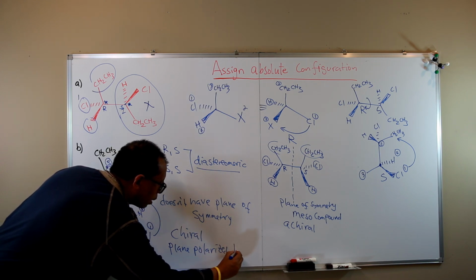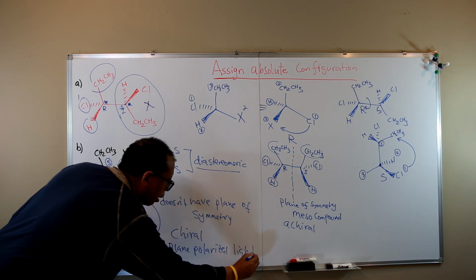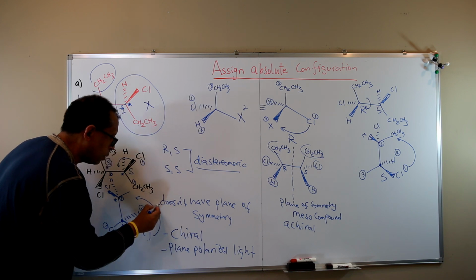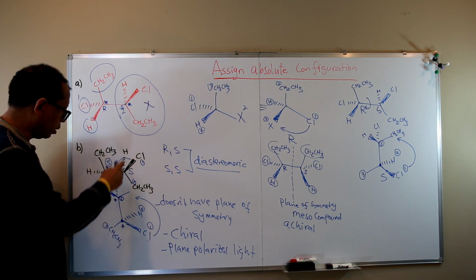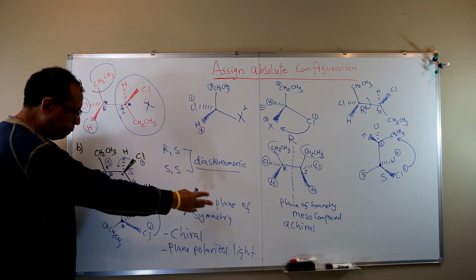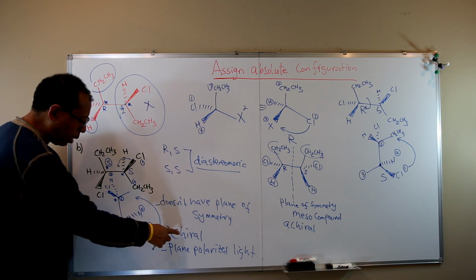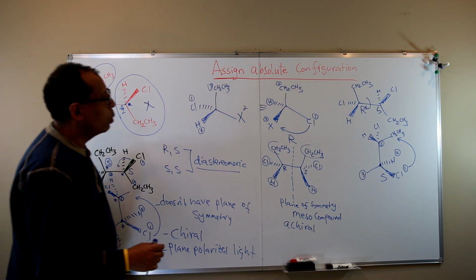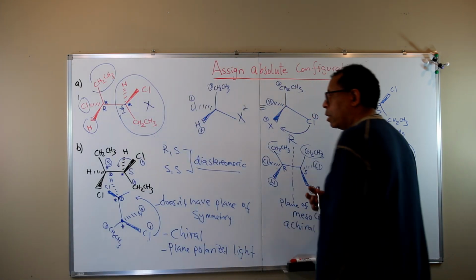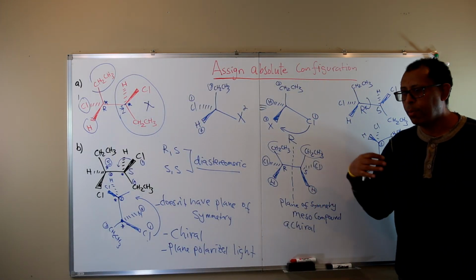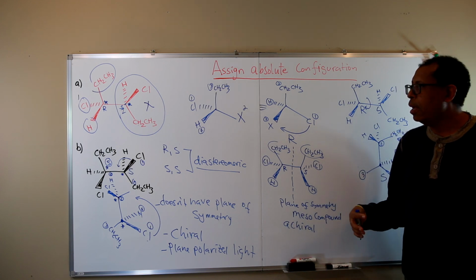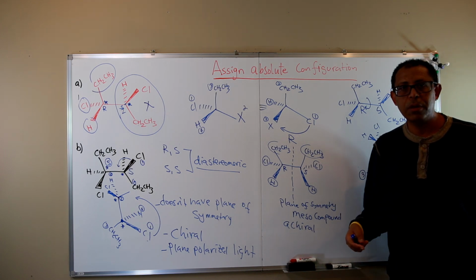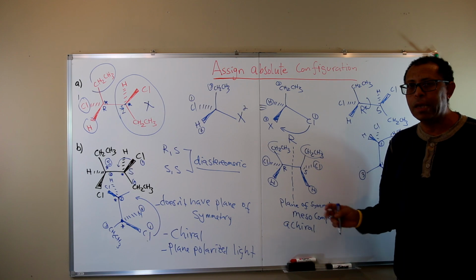It can rotate plane polarized light. So these are all the properties of this compound. It doesn't have a plane of symmetry, it is chiral, and it rotates plane polarized light. So with this, we'll also continue to identify more stereogenic centers and different properties of stereochemically distinct molecules.